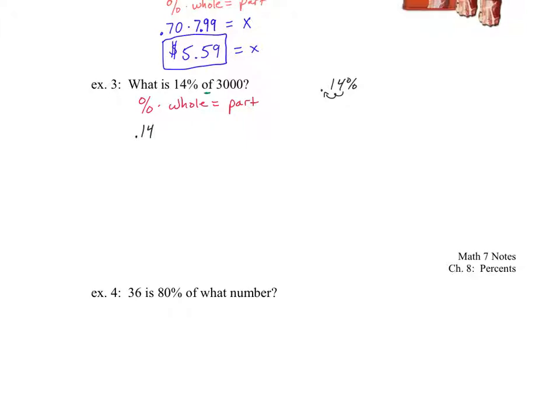Then we see that word of, so we know that the 3,000 is going to be the whole amount. And the part's what we're looking for, so you could put an x there or just punch it into your calculator. 0.14 times 3,000 gives us 420. So 420 is going to be 14% of 3,000.